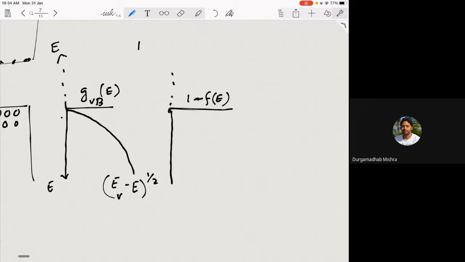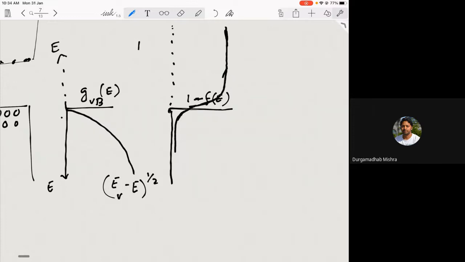And in that case, it would look like this: the hole probability distribution will be almost 1 when we are deep in the valence band, because f(E) will be 0, so 1 minus f(E) will be maximum. And then as you come to the band edge, it will fall like this. So it is very similar to your electron distribution, but the opposite.